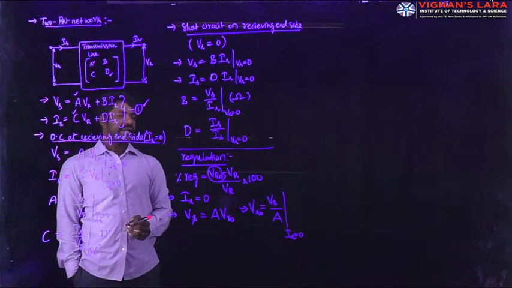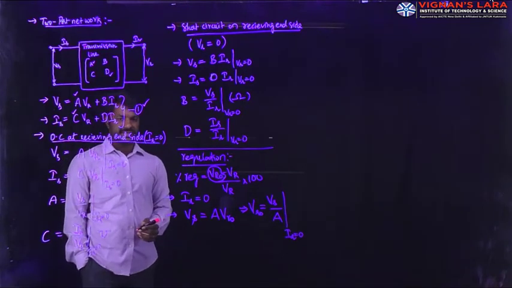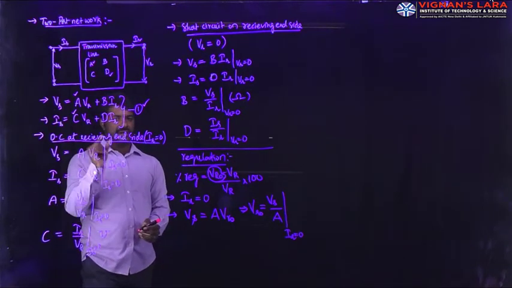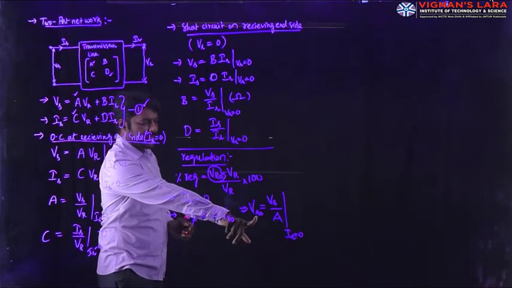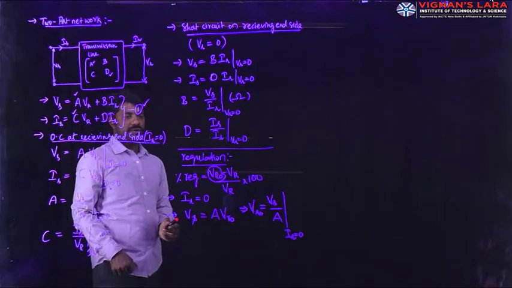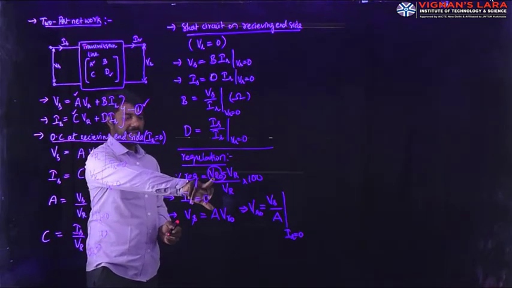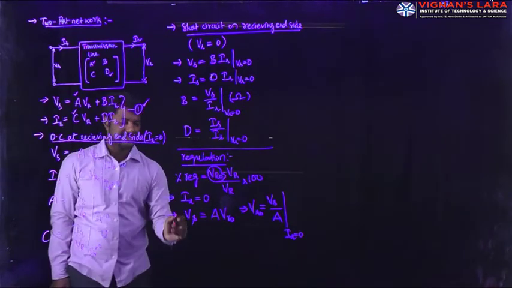Once you get the values of these ABCD constants, using the first constant A, you can estimate the no load voltage on the receiving end side, VR naught, which will be helpful for finding out regulation. As simple as that.